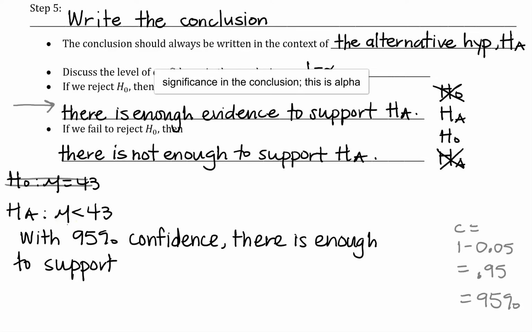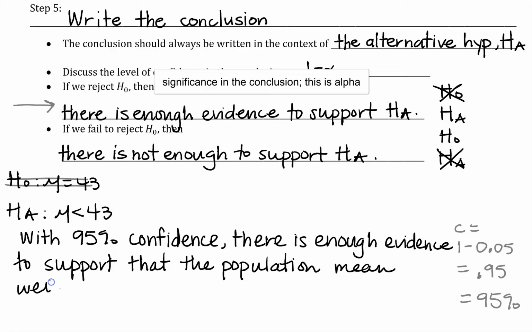So with 95% confidence, there is enough, I'm missing the word evidence, to support that the population mean weight of a candy bar, that's what this all started about, talking about the population mean weight of a candy bar, is less than 43 grams.